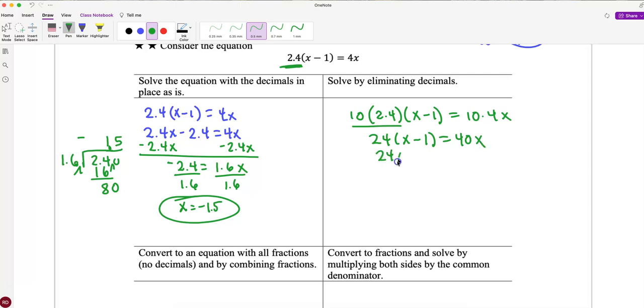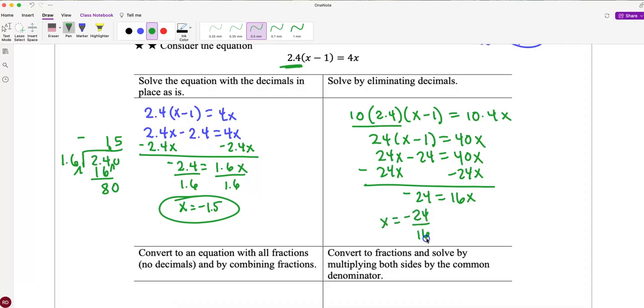So 24x minus 24 equals 40x. Subtract 24x from both sides. So negative 24 equals 16x. So x is equal to negative 24 over 16.